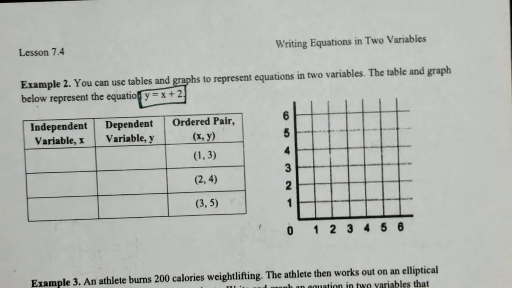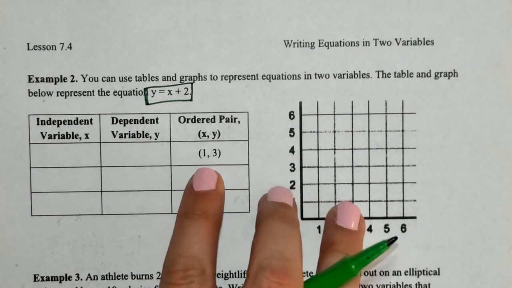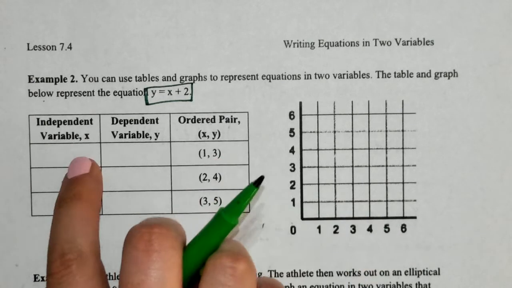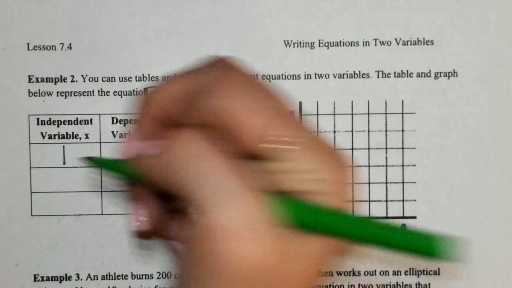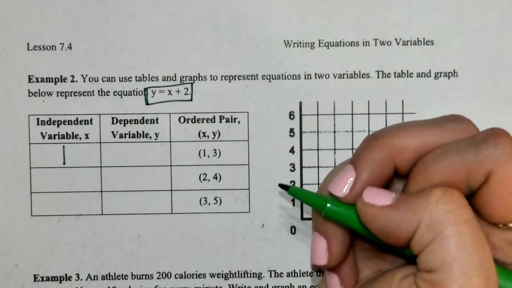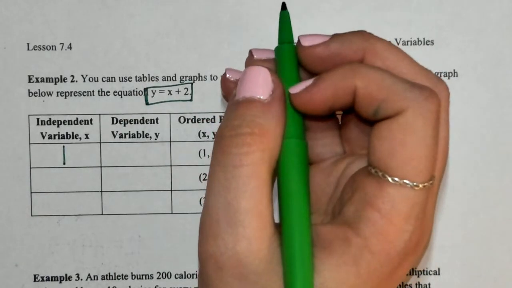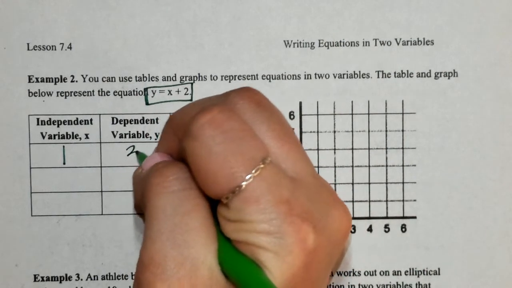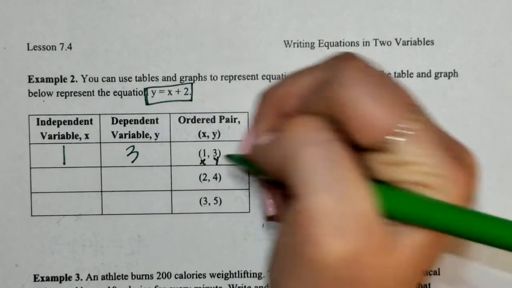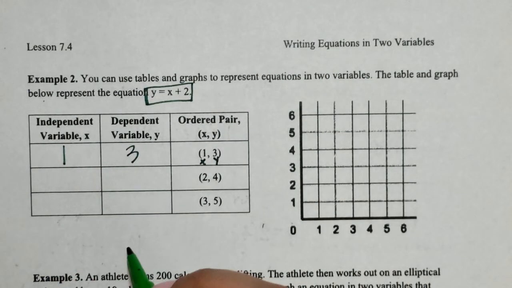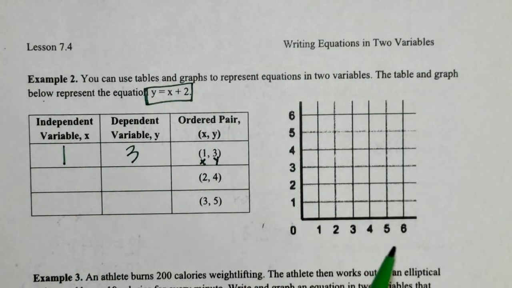If my first ordered pair is 1, 3, what is my independent variable? 1. So then what's my dependent variable? 3. Okay, because I take my y from over here and my x from over here, and it'd be 1 and 3. What about the next one? What's my independent variable?